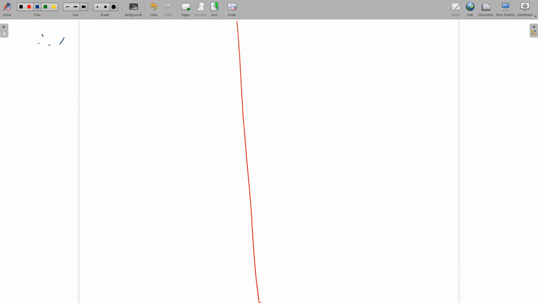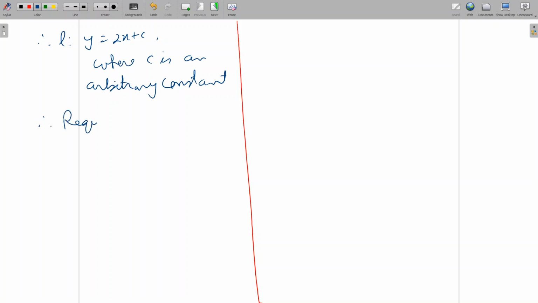Therefore, L1 will be y equal to 2x plus c, where c is an arbitrary constant.